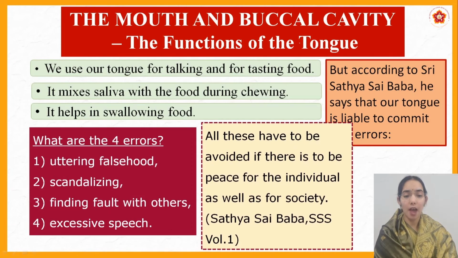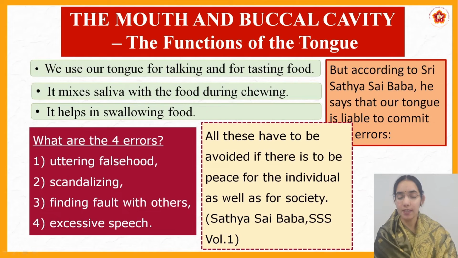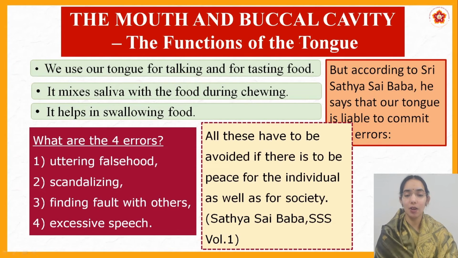And all these have to be avoided if there is to be peace for the individual as well as for the society. So we should avoid these 4 things and only use our tongue for swallowing, mixing our food with saliva, and only necessary speaking.